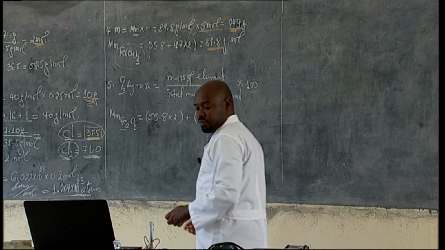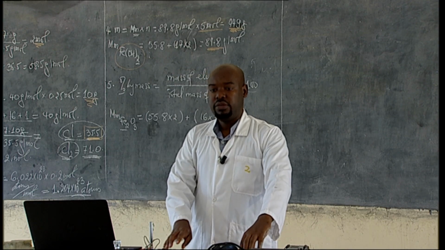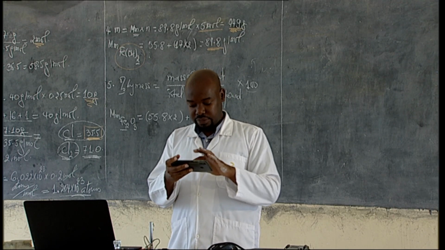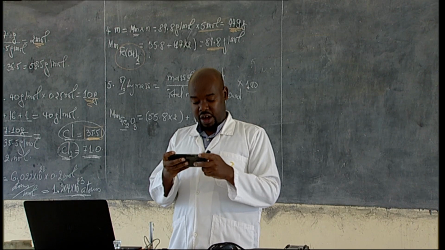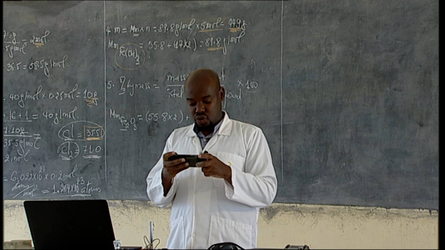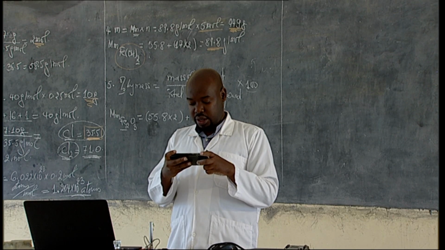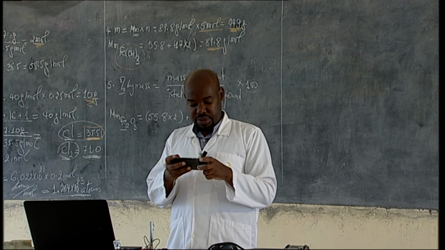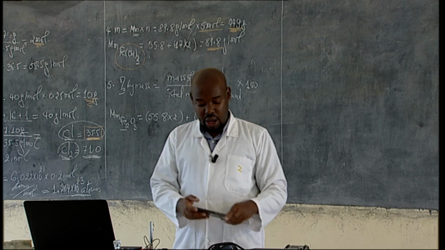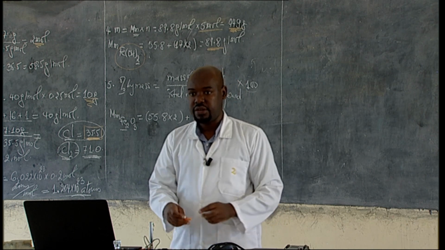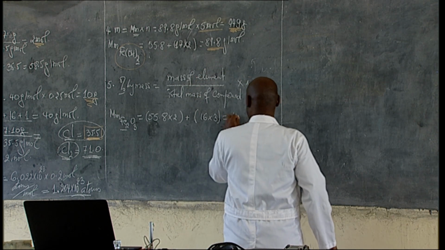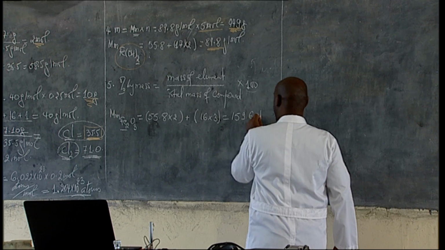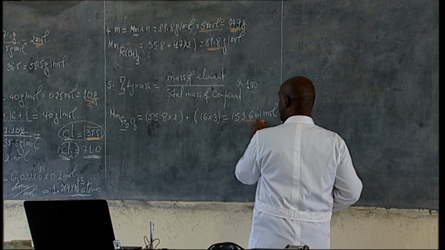And what do we get? We use our calculator, and the answer we get will be 55.8 times 2 plus 16 times 3, and we get 159.6. 159.6 grams per mole. That is the molar mass.